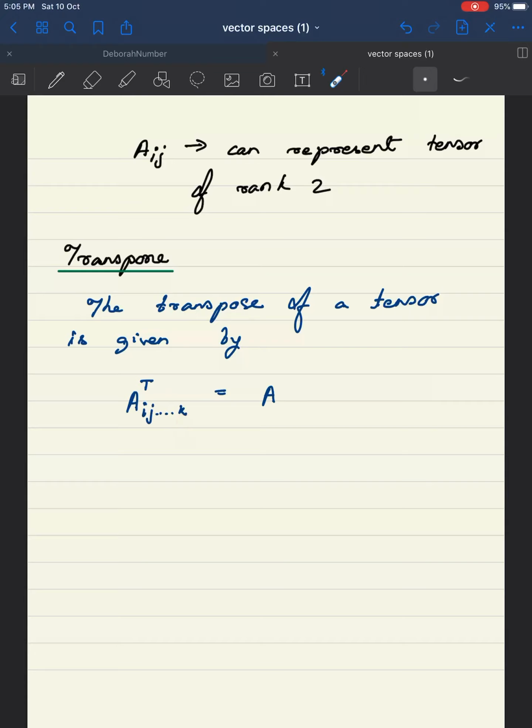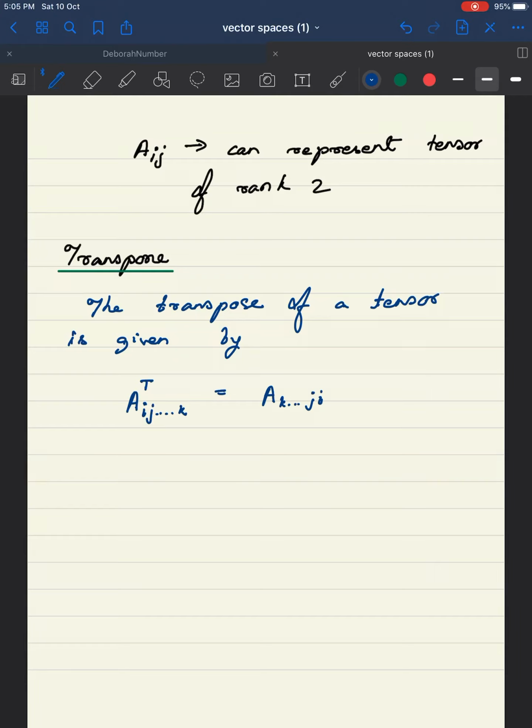The first index of the transpose will be the last index here, and the first index of the original will become the last index here. So this will become K J I. This is the transpose.